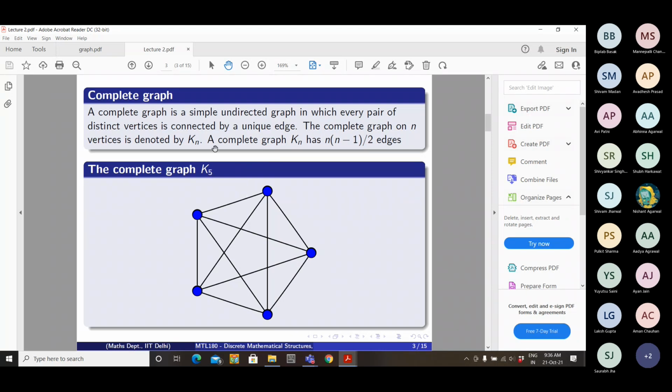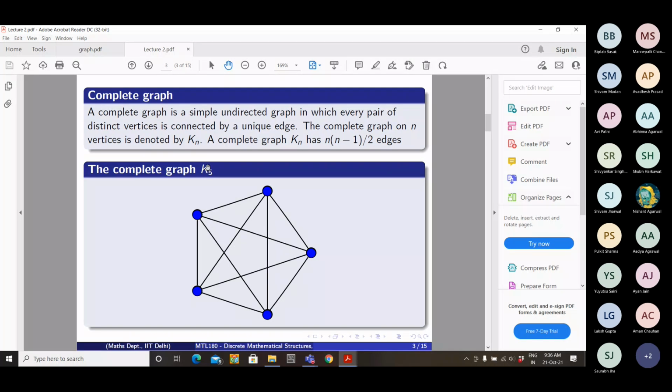It's K5, means here you have 5 vertices and every vertex is adjacent to the remaining 4 vertices. If you look at this vertex, it is adjacent to this one, this one, this one and this one, and so on.